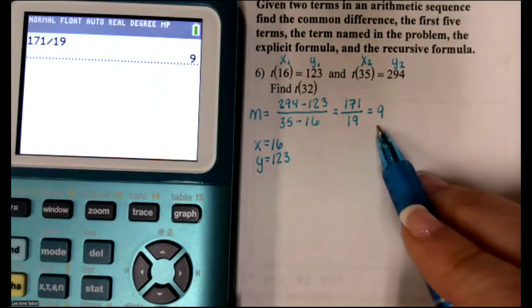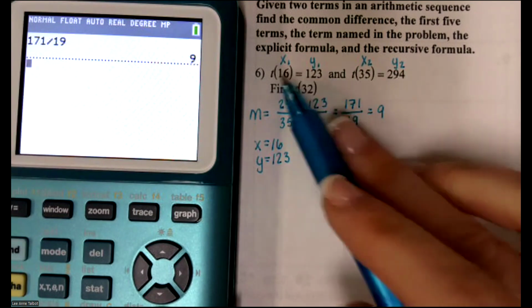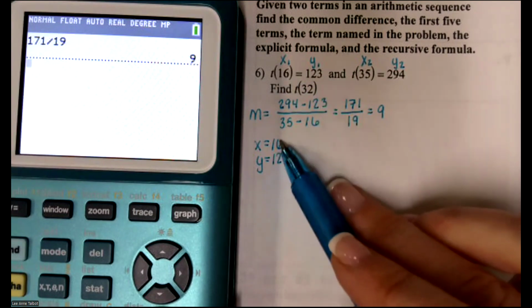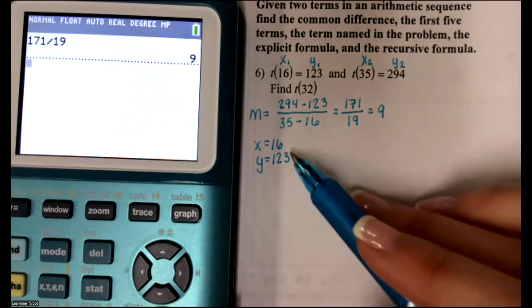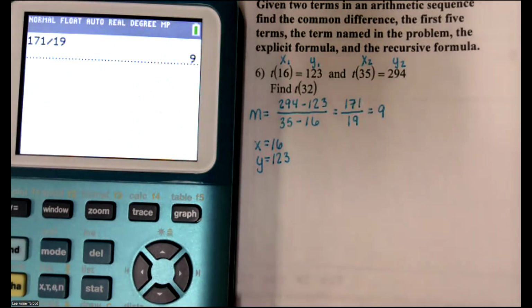Okay, so I got the slope, and then I chose the first two to be my x and y point. You can choose the second two if you want. These are just smaller numbers and they were first, so I picked those.